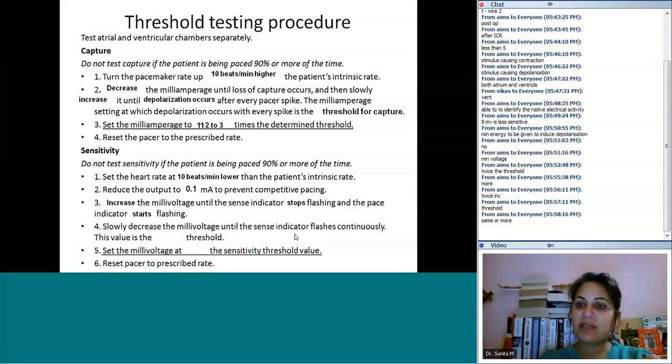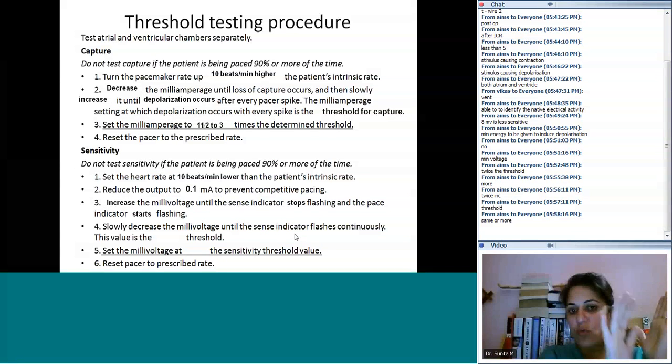You set your pacemaker at 70. That means if your pacemaker is sensing the patient's heart rate, should your pacemaker ever go off? Your pacemaker should not go off, right? But when you change the sensitivity so it's not at all sensitive, now you've made your sensitivity 8, it's not sensing the patient's own rhythm. It will start pacing at 70, right?